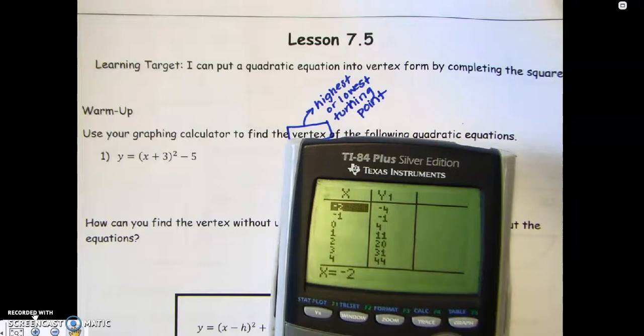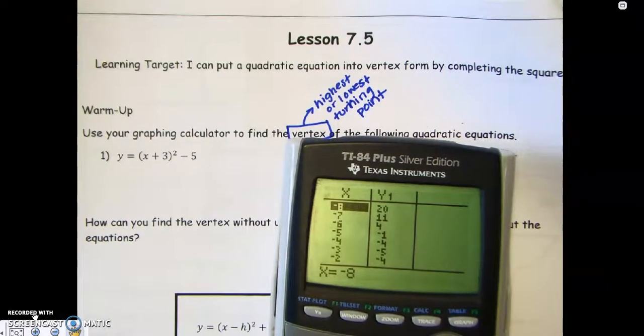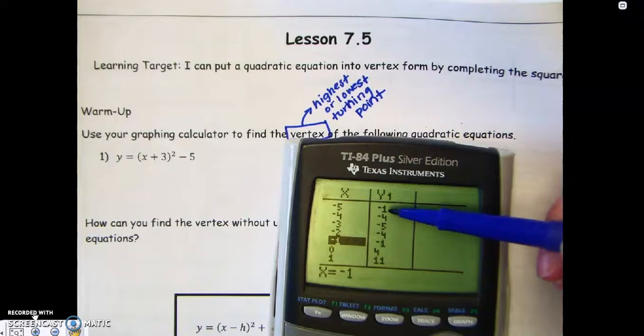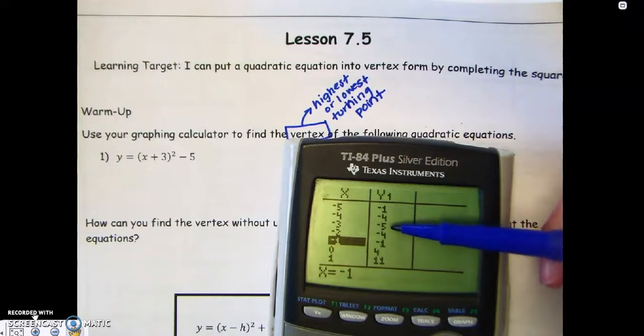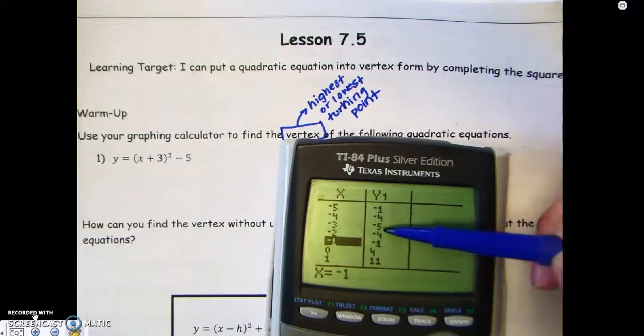So if you're in a quadratic, you're looking for the symmetry in the table, right? So the parabola will have symmetry, and if you look, you can see that my y values start to have symmetry right here. And the lowest y value is at x of -3, the y value of -5.